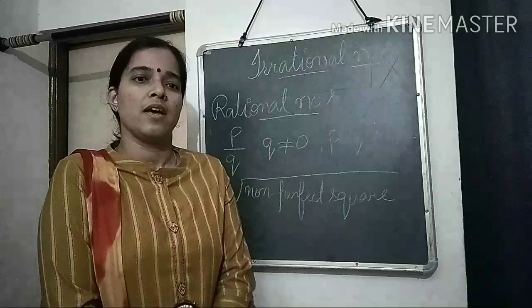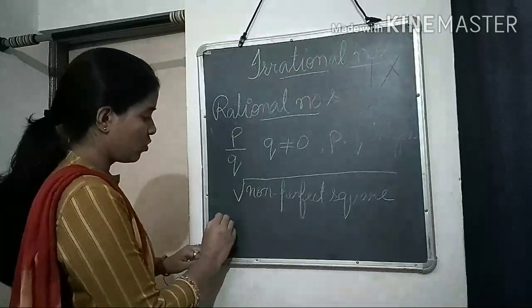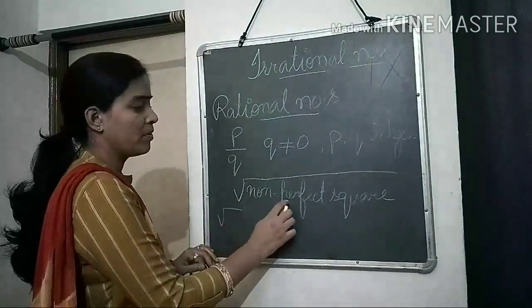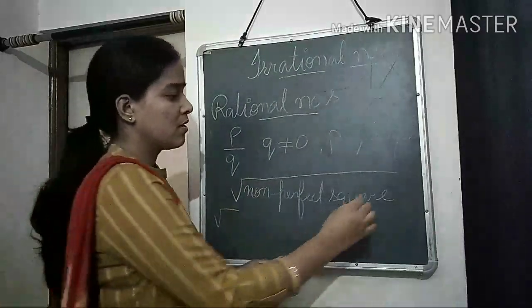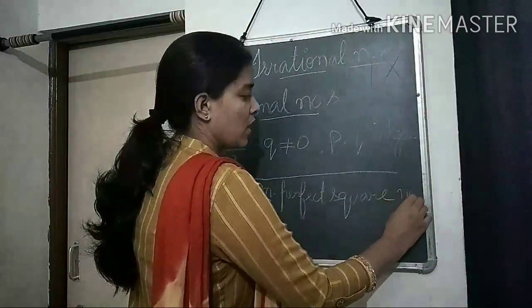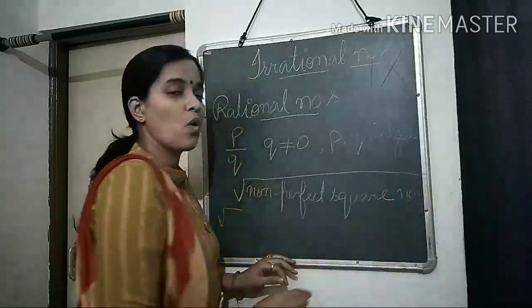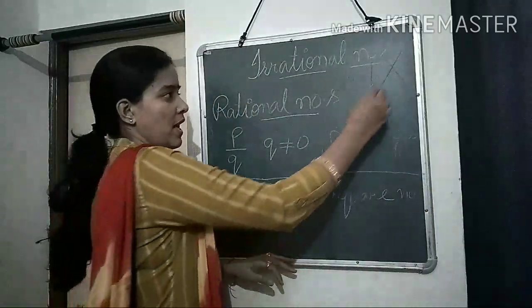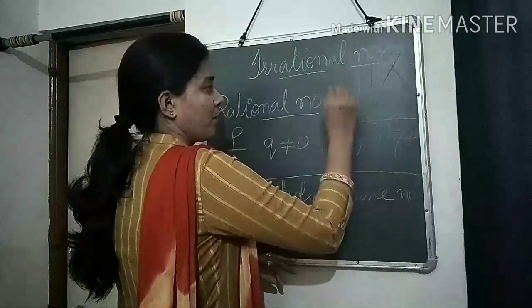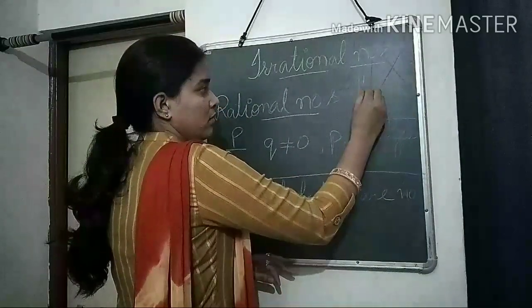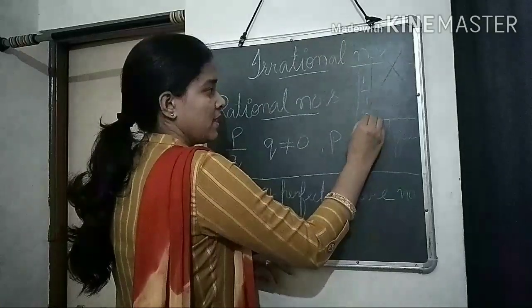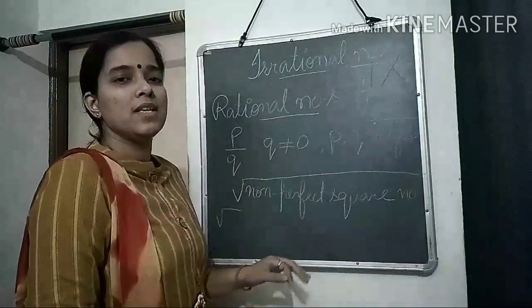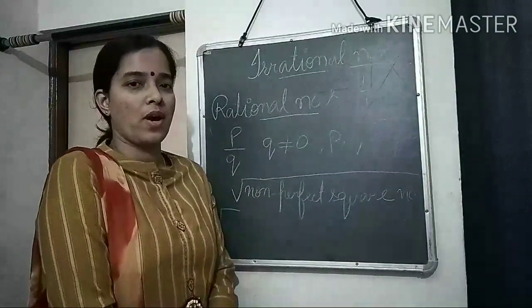It means the square root of any non-perfect square. Which are perfect square numbers? Perfect square numbers are those which are squares of some numbers. Like I can write 1, 4, 9, 16 and so on. These are all perfect square numbers.